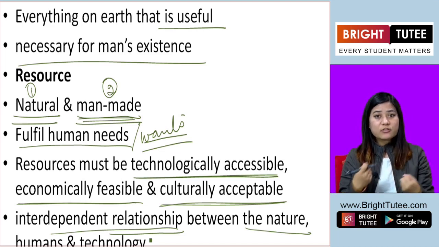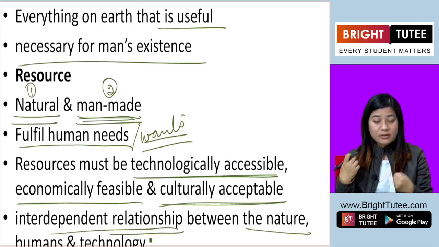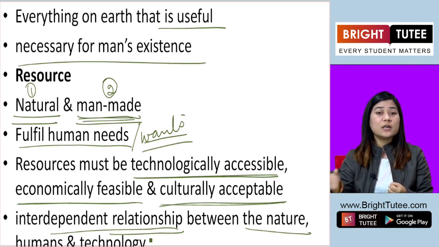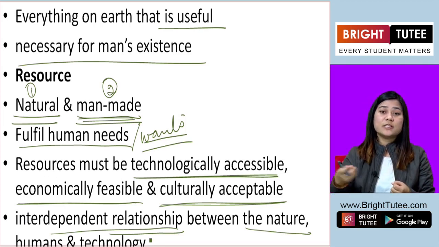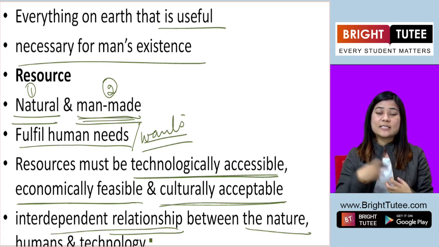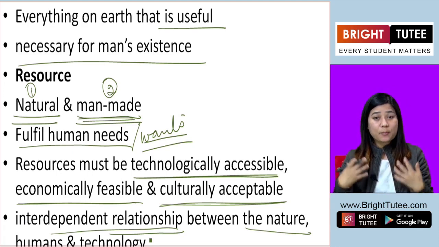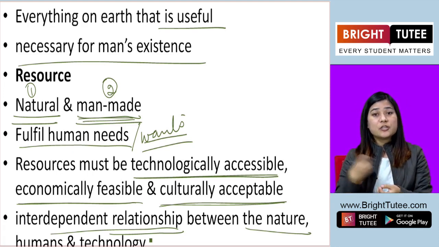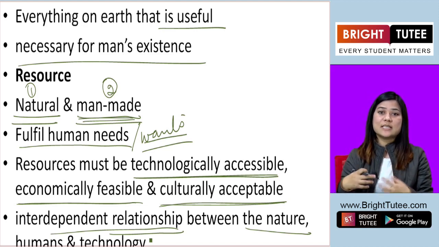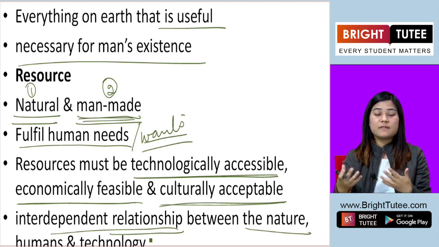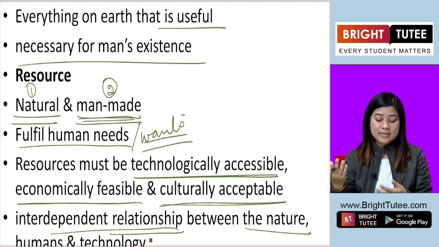The resources that we use depend upon the relationship that it has with humans and with technology. With the development and improvement of technology, the accessibility increases, the possibility of discovery of resources, use and utilization of resources, and then contributing to the development of the country increases, right?